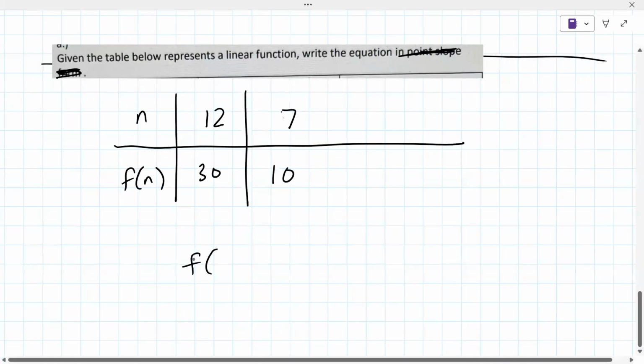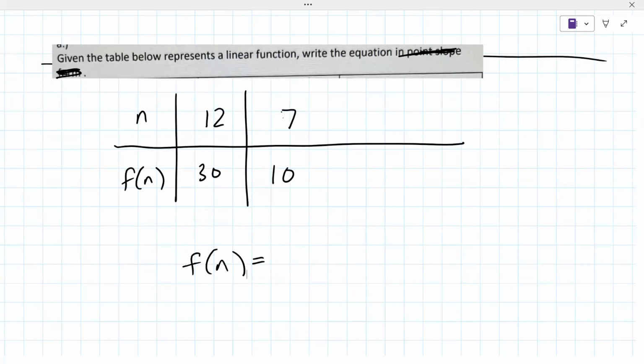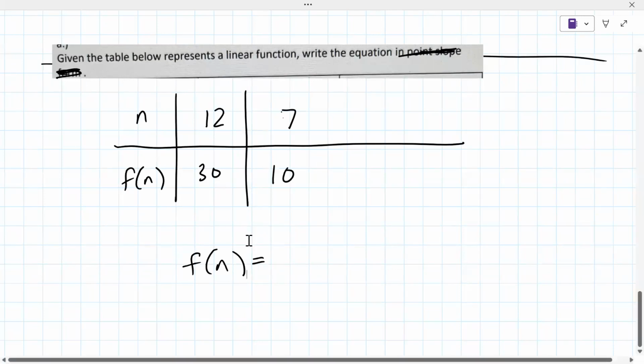What is your f of n here? Whenever you're ready. Wait, so for f of n, would it just be 4?